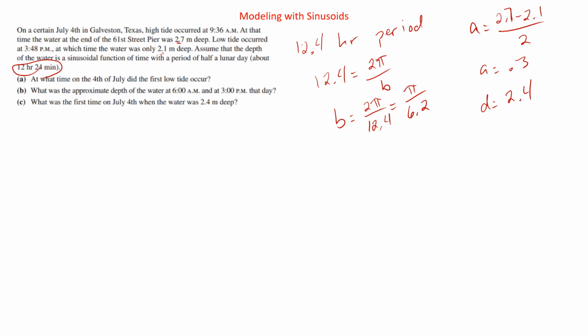So we have 9:36 and 3:48. 9:36 is 9.6, so it's 9.6 a.m. And 3:48 p.m. So 48 is going to be a 0.8. 3 is going to be the 15th hour.